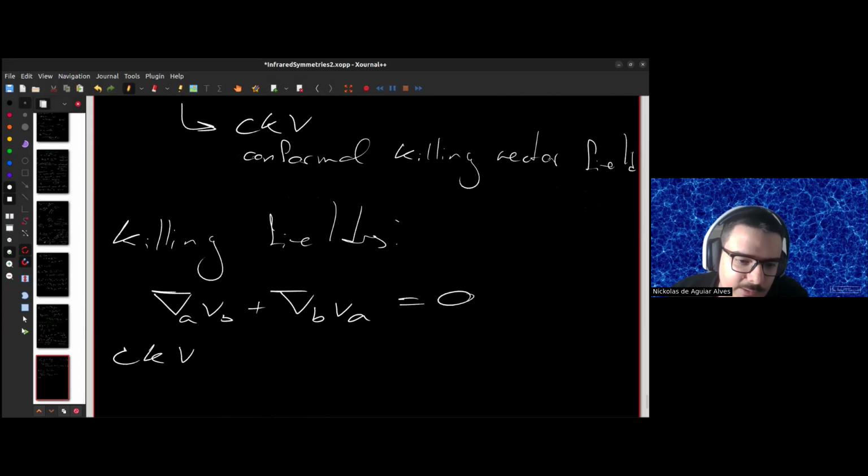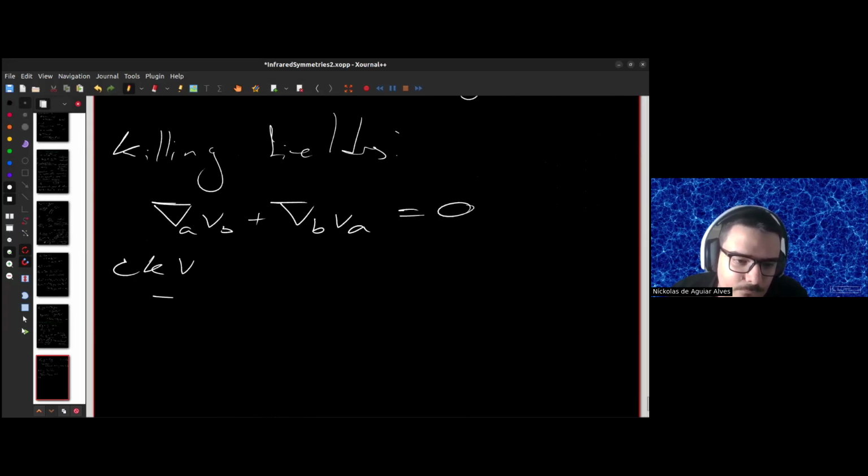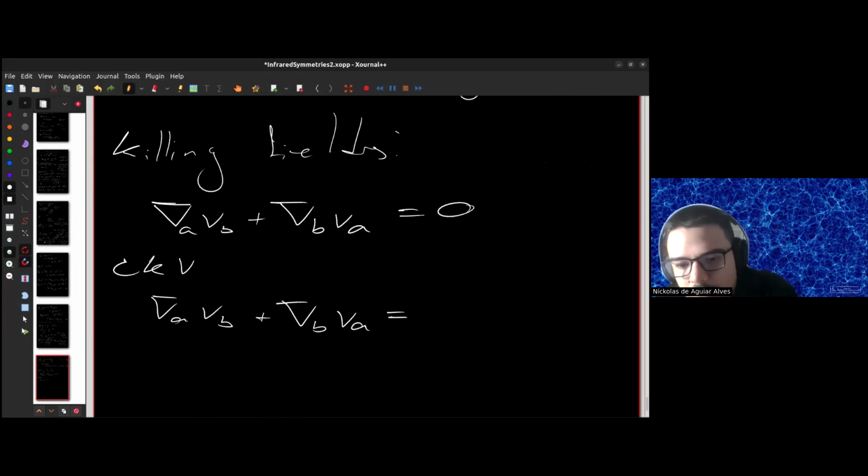And conformal Killing fields are a bit more general. They will have this appearance here.